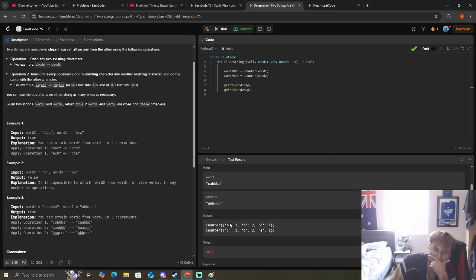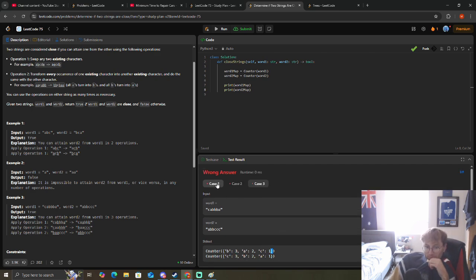In case 3, we got 3, 2, and 1. So technically we need to check the length of the keys, because if the length of the keys are the same, then we're good. How can we check that?